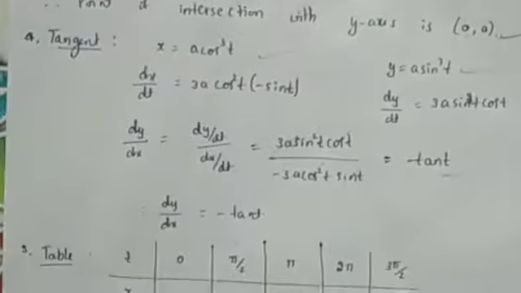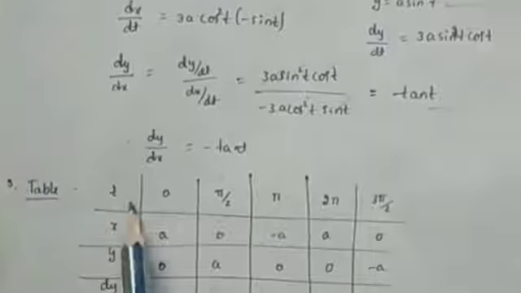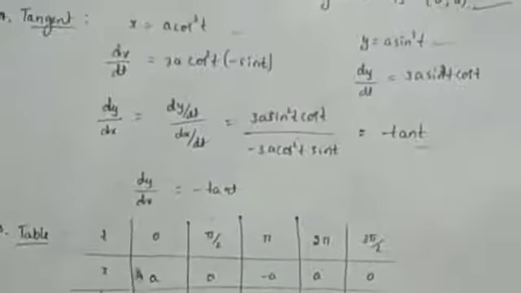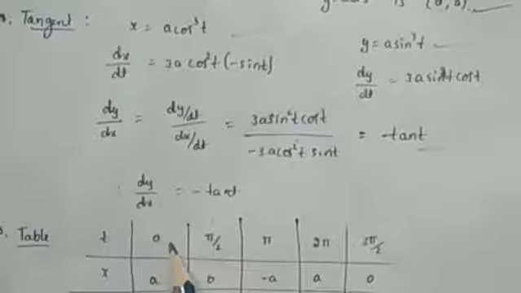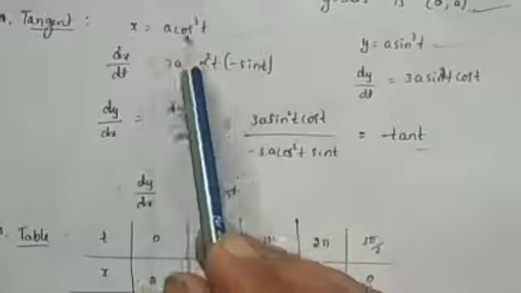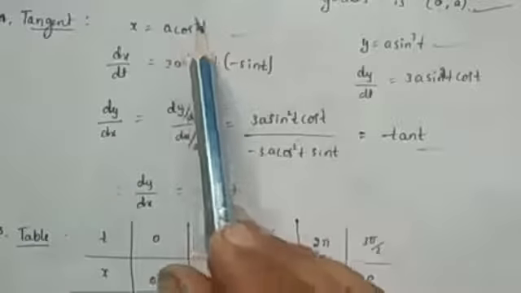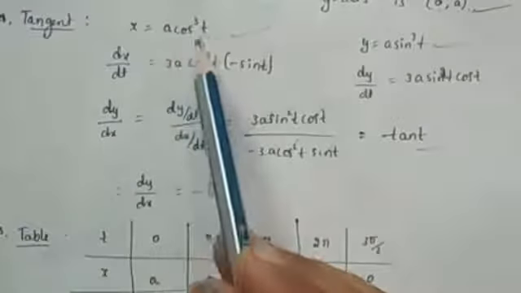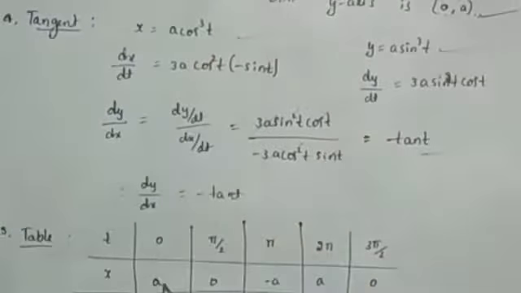Then we construct the table. For different values of t, we find the values of x, y, dy by dx. At t is equal to 0, we find the value of x. Cos 0 value is 1, x is equal to a.